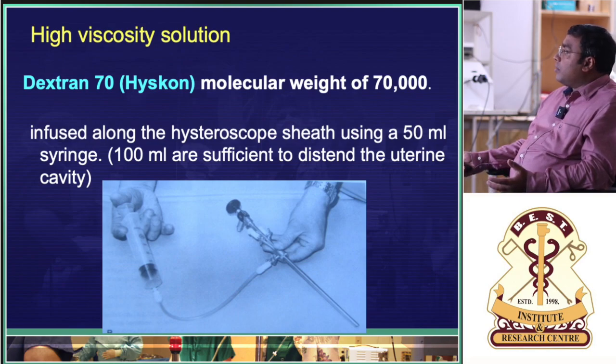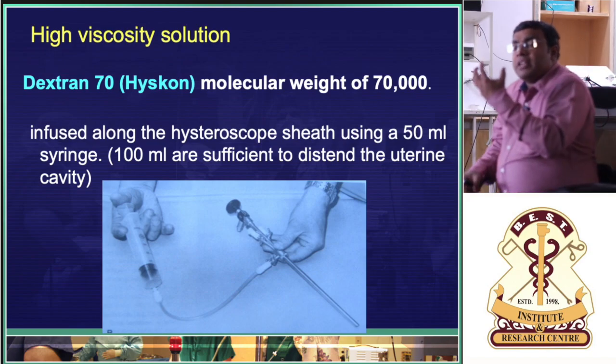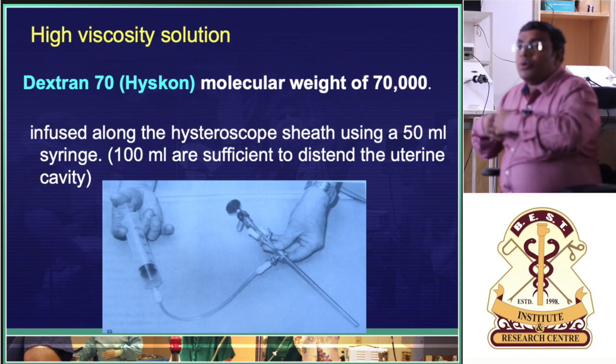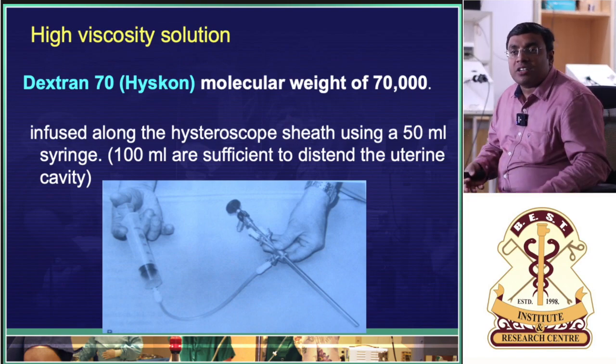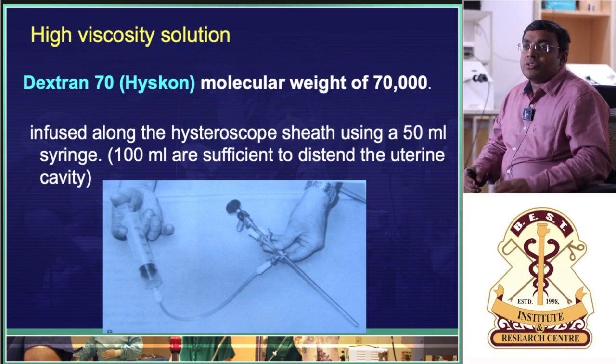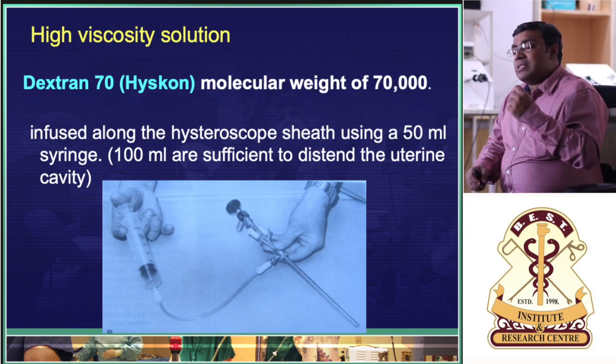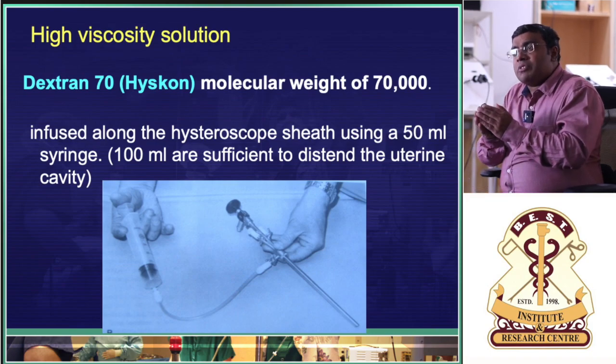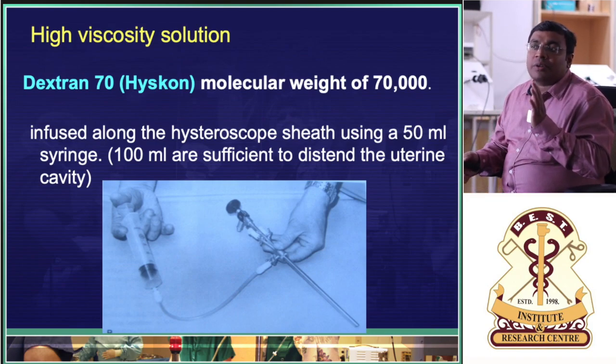So the Hiscon will come through this and it's like a very viscous solution. So what happens is it will not go into the tube and then it will not spill generally, because you cannot push so much. Second thing is, because it is highly viscous, a small amount of solution itself will be sufficient to distend the uterine cavity.